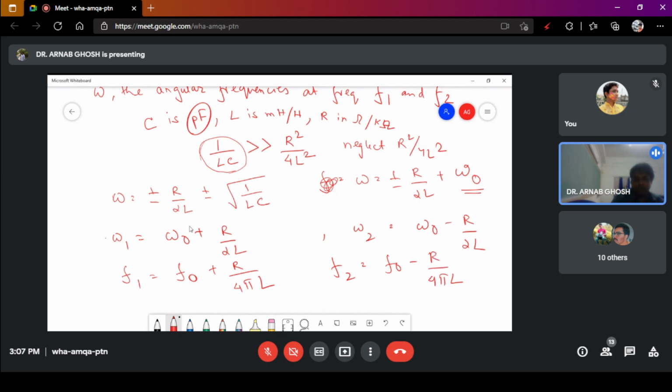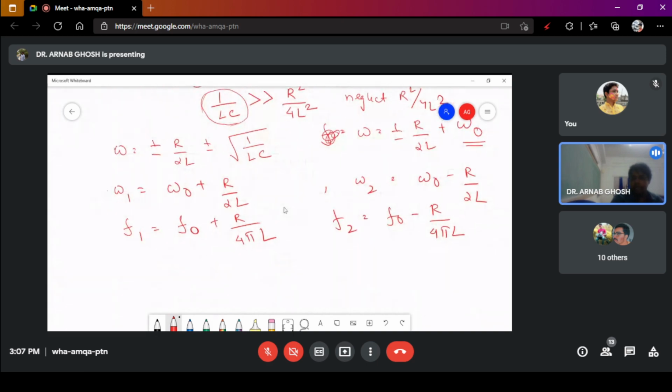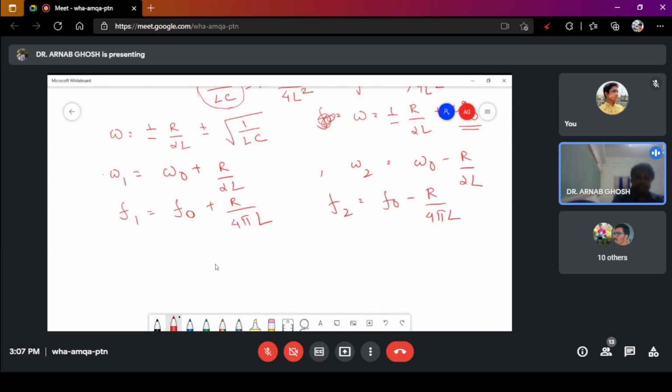You can write it as you wish. So these are the values of the half power frequencies. This derivation is important.